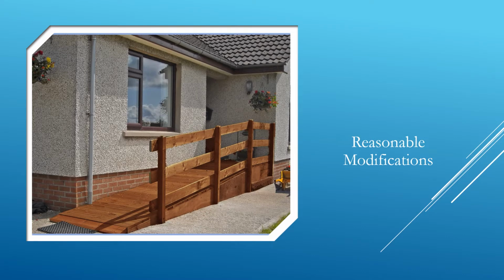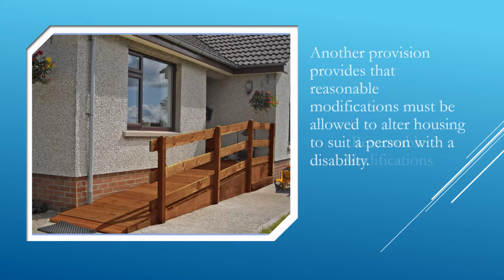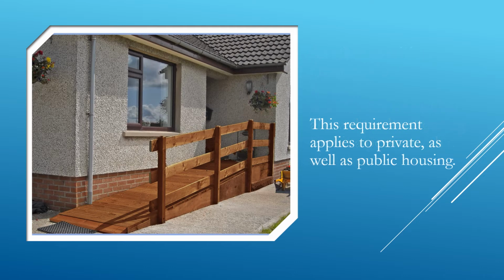Reasonable modifications. Another provision provides that reasonable modifications must be allowed to alter housing to suit a person with a disability. This requirement applies to private as well as public housing.